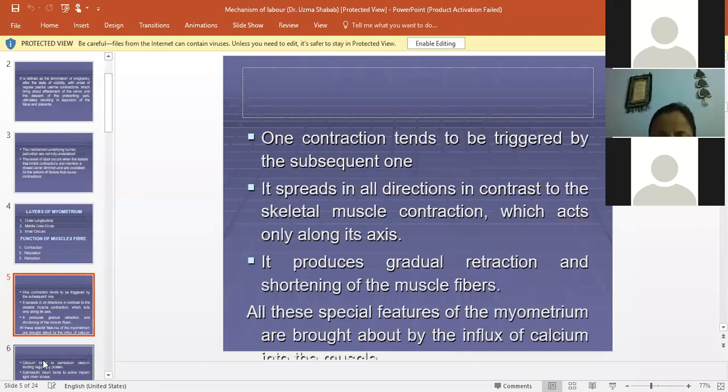This contraction spreads in all directions, as compared to skeletal muscle, which acts only along its axis. It produces gradual retraction and shortening of the muscle fibers.